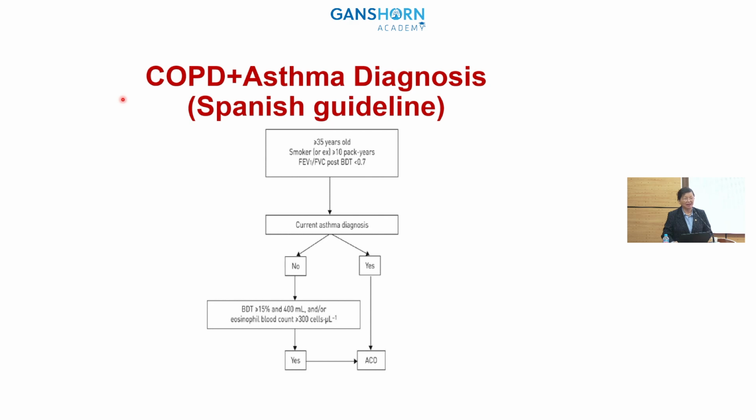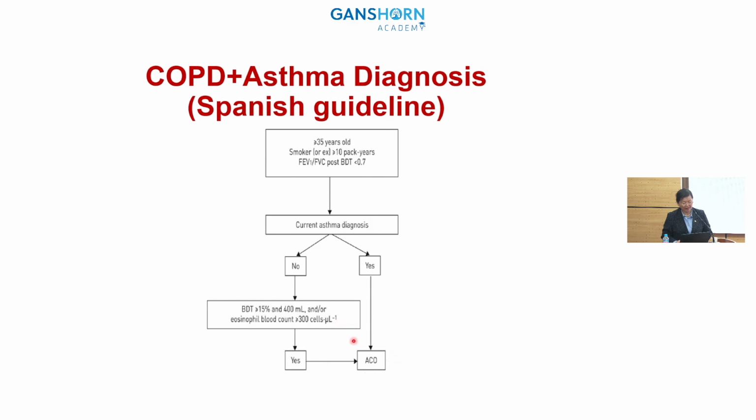So remember that in Vietnam, in our Vietnam guideline, we use this Spanish diagnosis. So we have this picture of COPD, but they have a current asthma diagnosis or even a history of asthma, or they have a strong bronchodilator test response, or an eosinophil blood count of more than 300 cells per microliter.